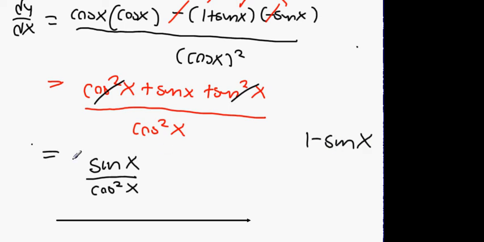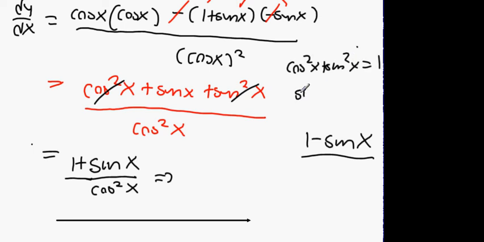You look at this and then you look at the answer in the back of the book and you'll be going, okay, this makes no sense, my answer doesn't look like that answer. So what you need to do first and foremost is get rid of the cos squared x. Cos squared x plus sine squared x equals 1, therefore cos squared x is 1 minus sine squared x. Replace the cos squared x with 1 minus sine squared x.